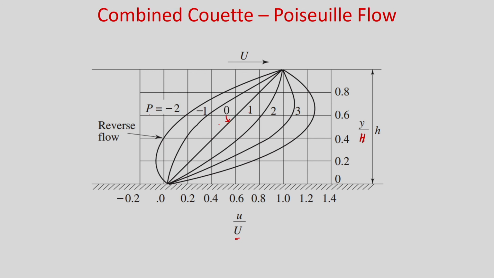If you see p is equal to 1, 2, 3, maximum velocity will occur, and if your pressure gradient is adverse, then you can see p is equal to minus 1, this is the onset of flow reversal, and if you further decrease the pressure gradient, then flow reversal takes place.